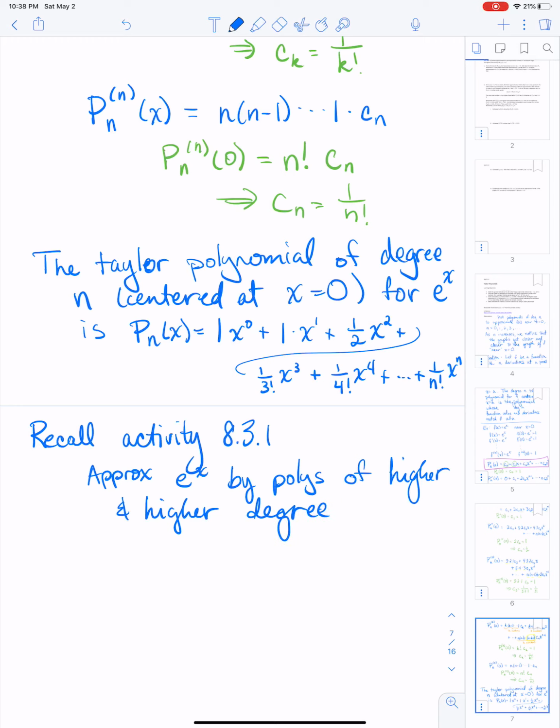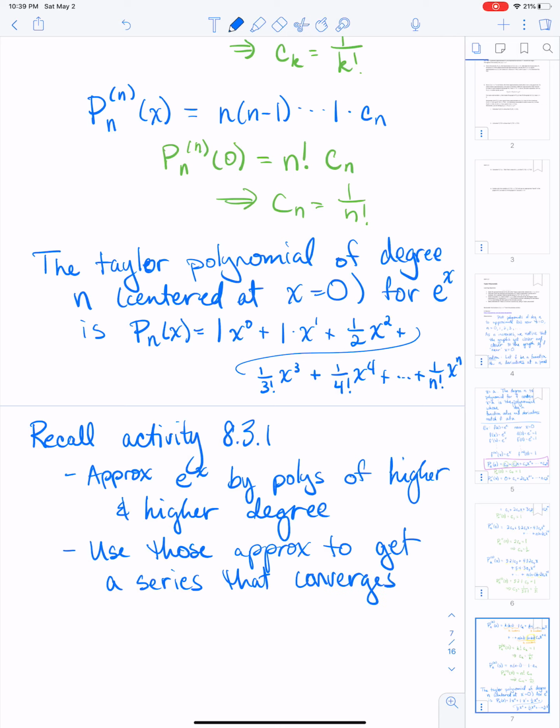And then what you did is you used those approximations to get a series that converges to the number e.